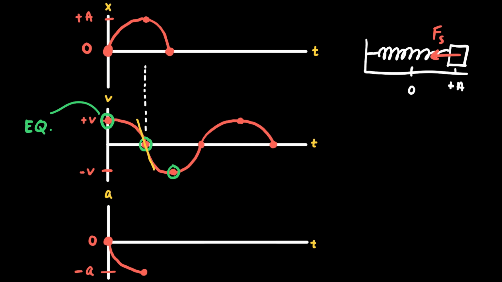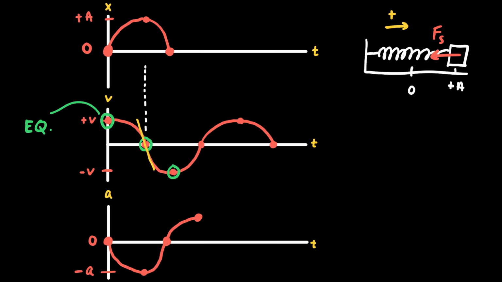But this time, as we go through the equilibrium position, the acceleration will first become 0, but then the object will start to experience a positive acceleration. As the object moves through the equilibrium position and into the negative positions, the spring will start to push on it to the right-hand side, which we're going to call positive. So if you hadn't caught on to that, the positive direction is to the right.